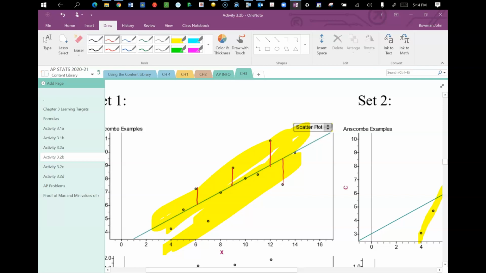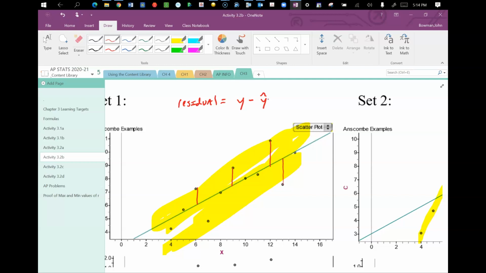Those deviations are called residuals, and a residual, by definition, is equal to the actual y value minus the predicted y value. So y minus y hat, actual minus predicted. That is something that is not on the formula sheet, and you will have to commit it to memory.